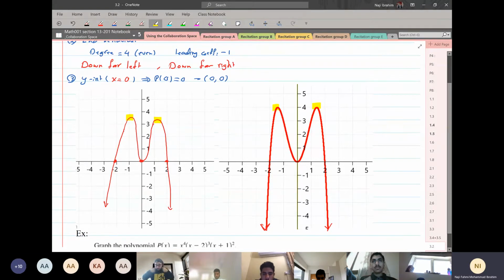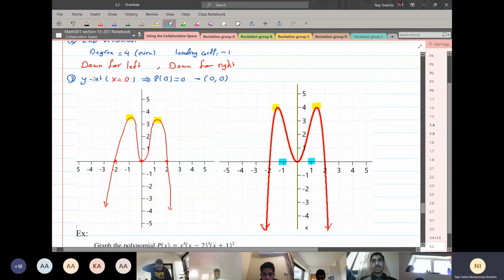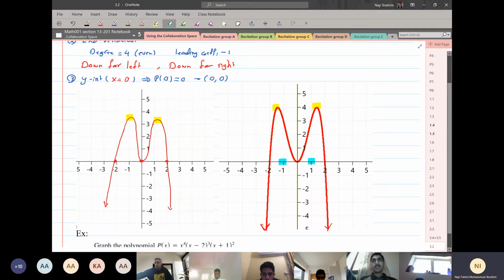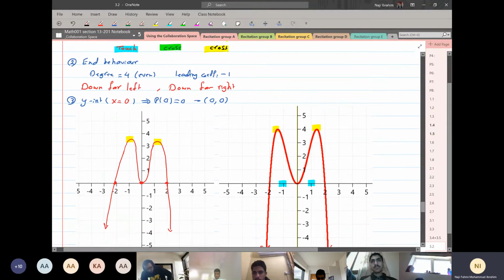But if you want to be more accurate, do you see any real numbers between the zeros? Do you see -1 and 1 between the zeros on the graph? Yes. So you can substitute those numbers in the function just to give you an idea where the curve will go. You can substitute -1 and 1 inside your function.